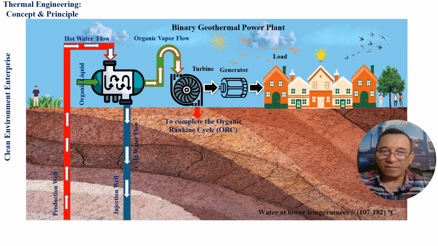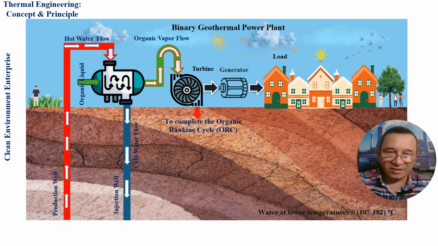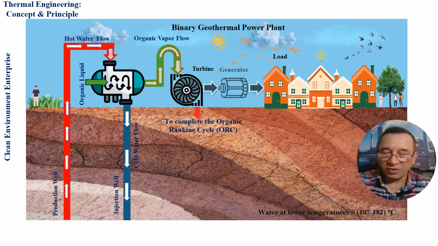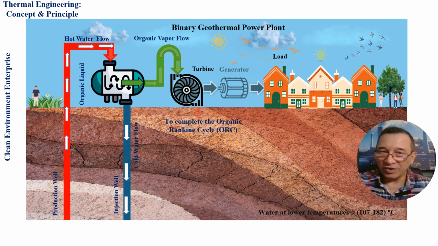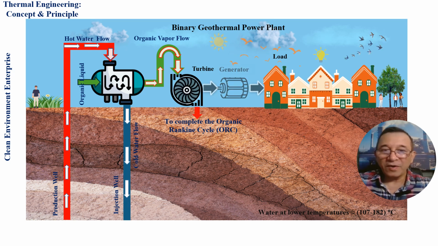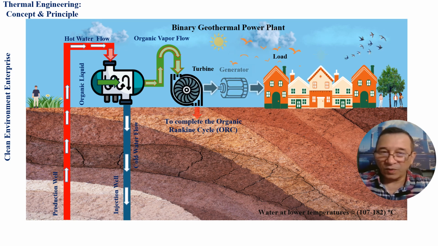Hot water is extracted from the production well through a piping system and then passes through a heat exchanger where the heat is extracted from the water before returning it to the injection well.